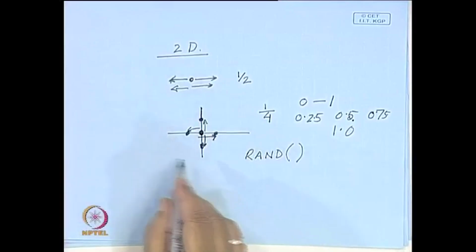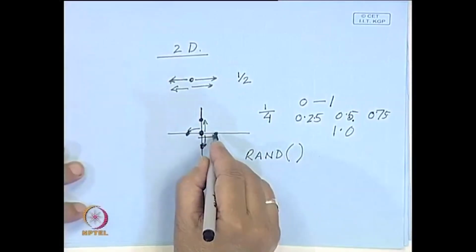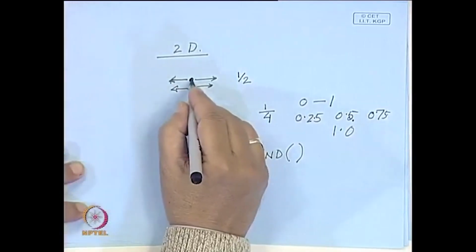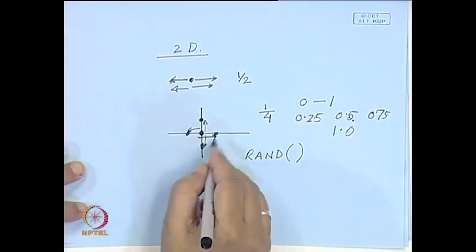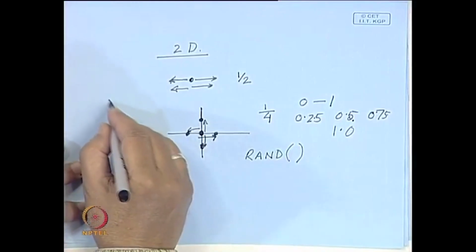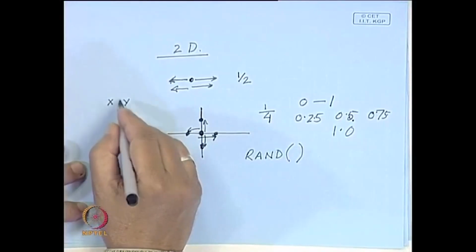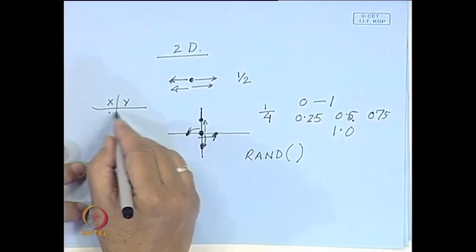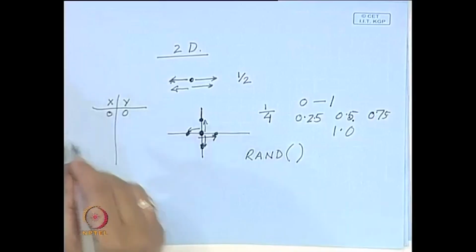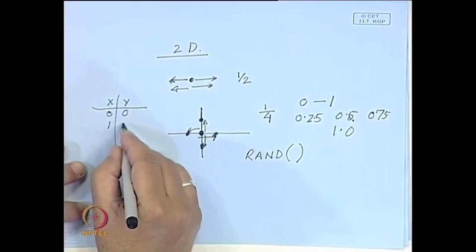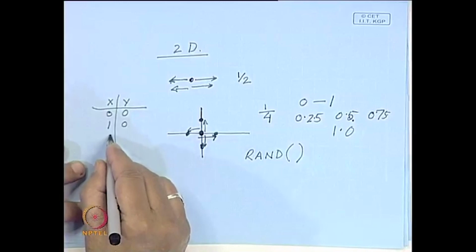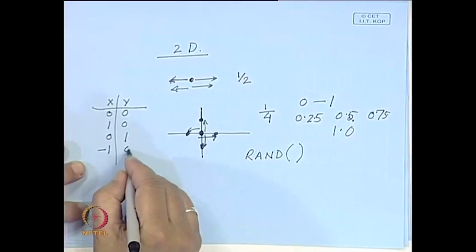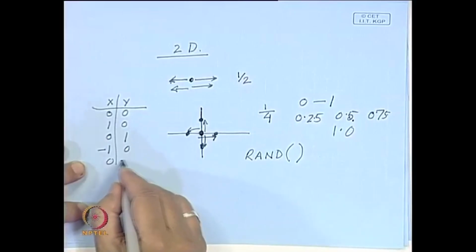So, what changes? In this particular case, one cell could define every point, and here you have to set up both coordinates, x and y. So, you will have different combinations of x and y. 0 0 is your start. Next it could be 1 0, 0 1, minus 1 0, or 0 minus 1.